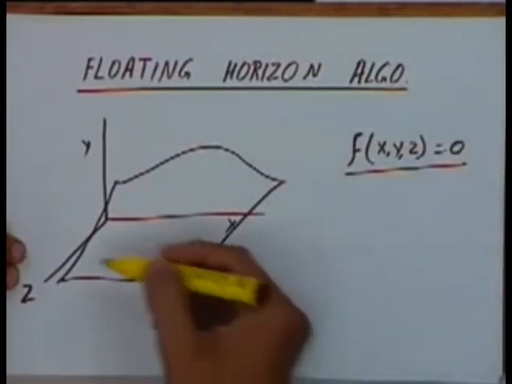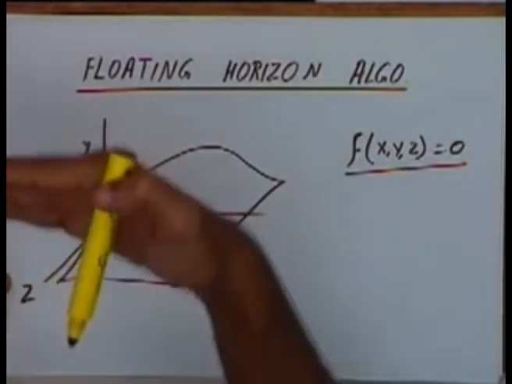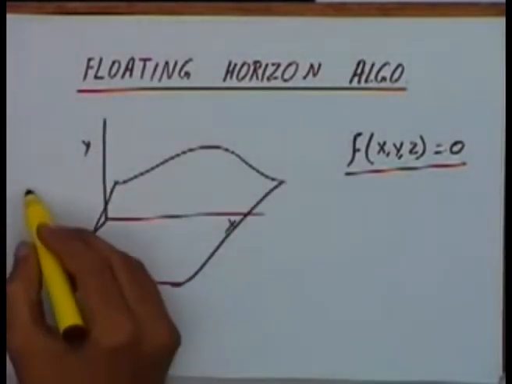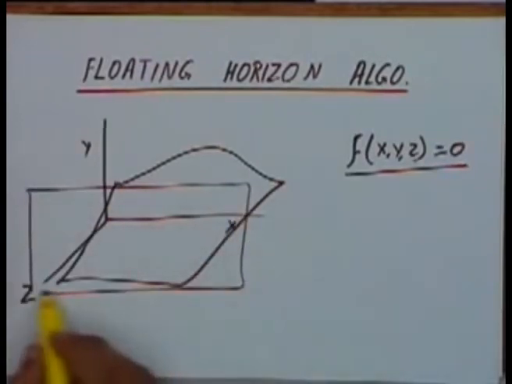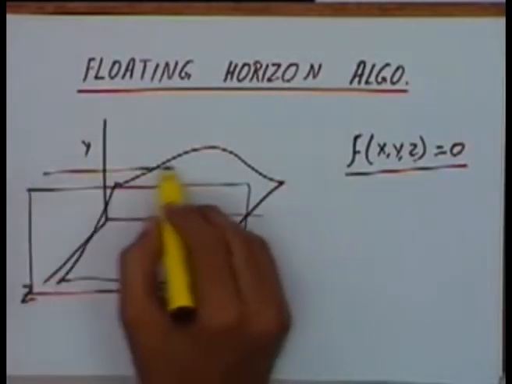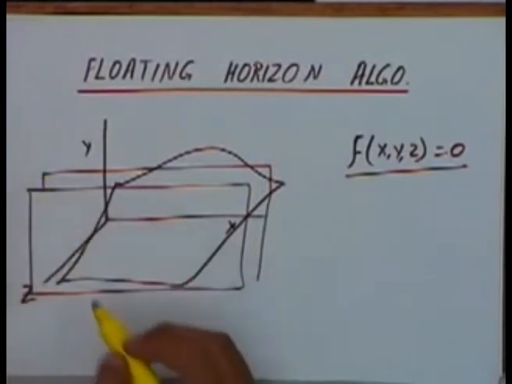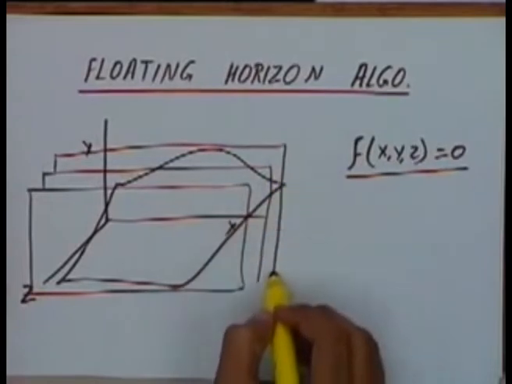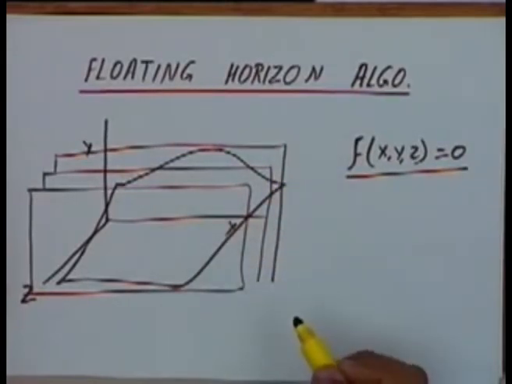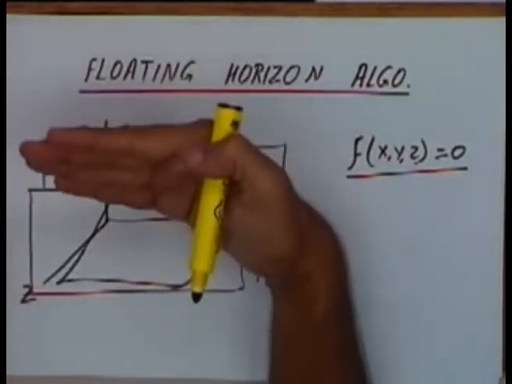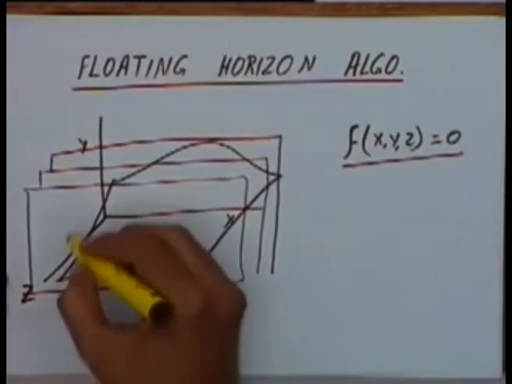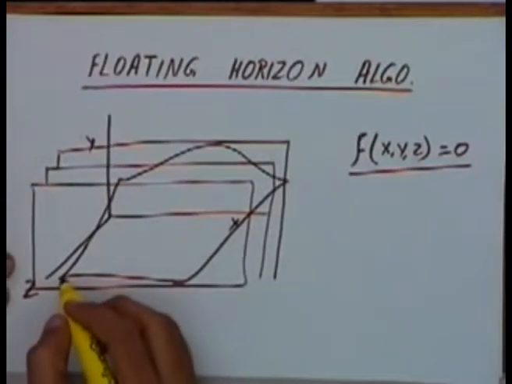Essentially what we will do is we will take vertical planes, parallel to the xy plane. I will take one vertical plane like this, then I will take another vertical plane which will be just behind it, and then another one just behind that. So we will take a set of vertical planes and compute the intersection of these planes with the surface that we have.